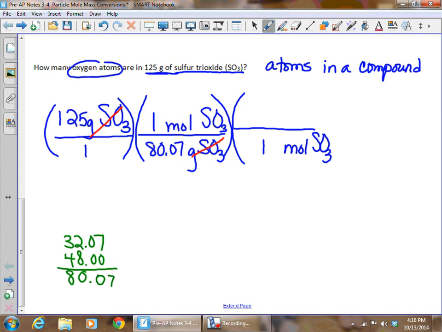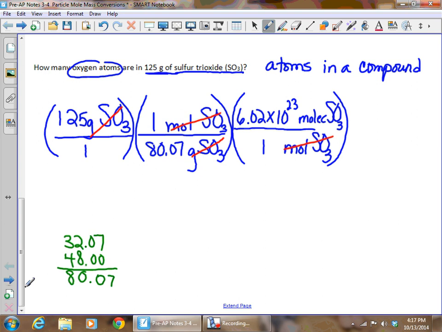And our conversion factor that will change that to molecules, like we need it to be, is our 6.02 times 10 to the 23rd, our Avogadro's number. 6.02 times 10 to the 23rd molecules of SO3 for every mole of SO3. So now we've got moles canceled.